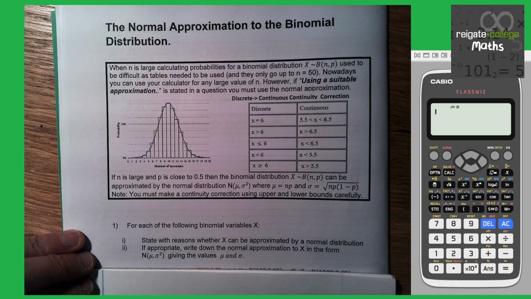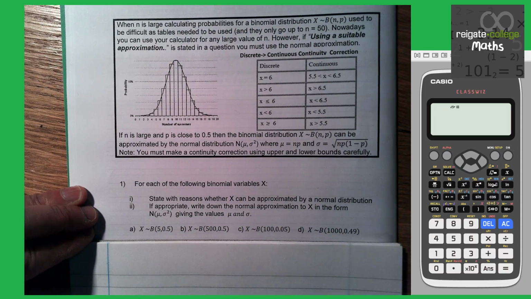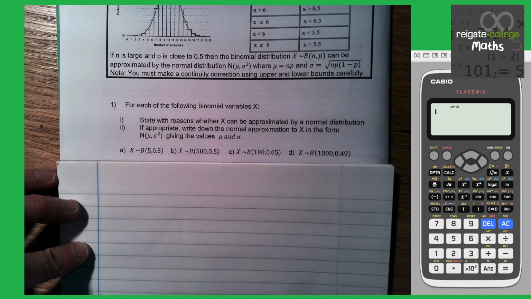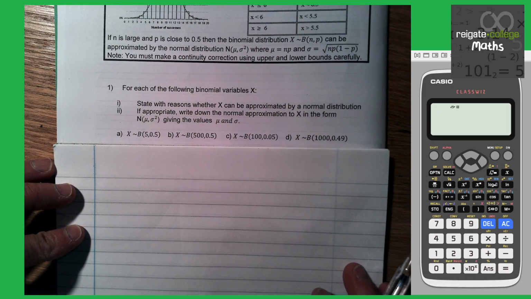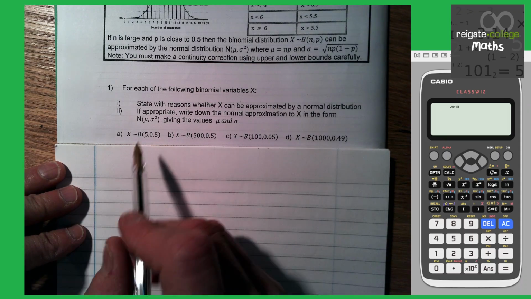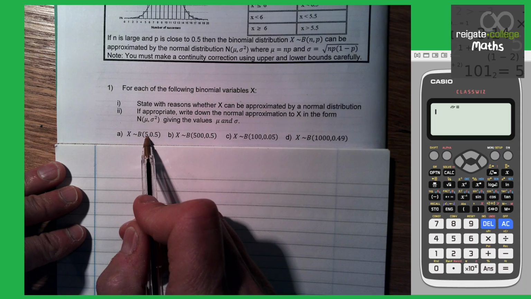So let's have a look at question 1 here, which is really asking us about whether it's appropriate to use a normal distribution as an approximation to a binomial distribution. For each of the following binomial distributions, here we've got x is binomial with number of trials 5 and probability of success 0.5.